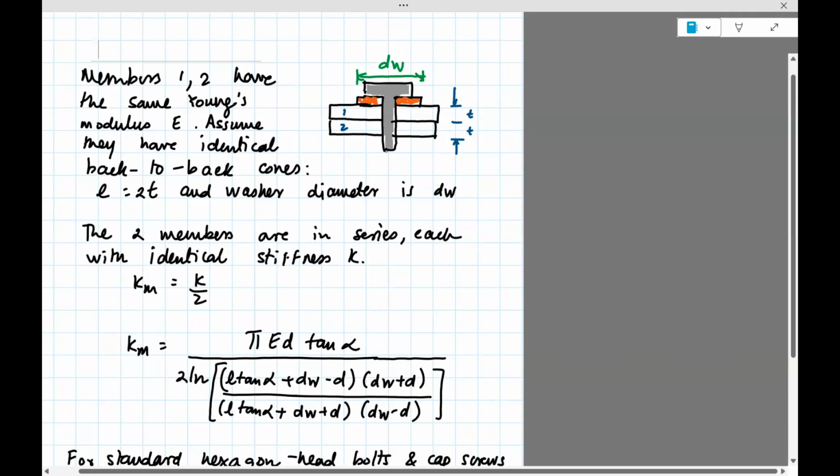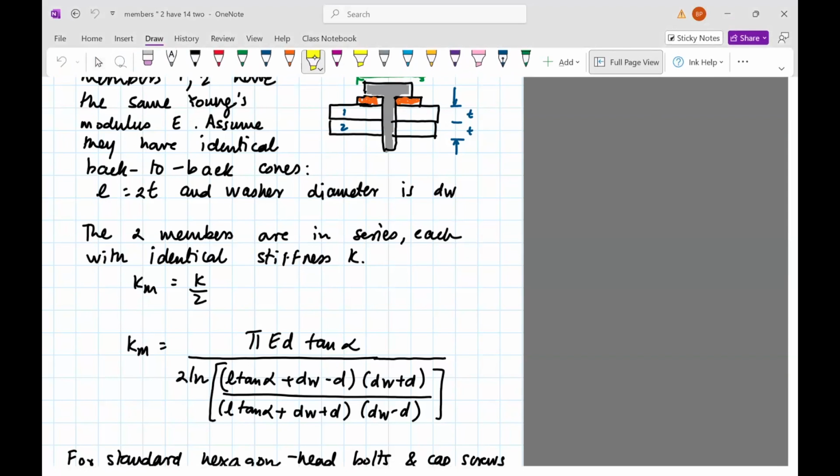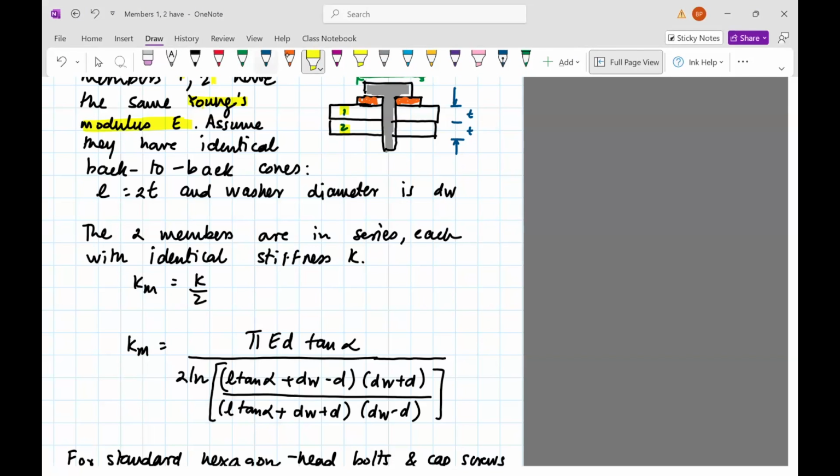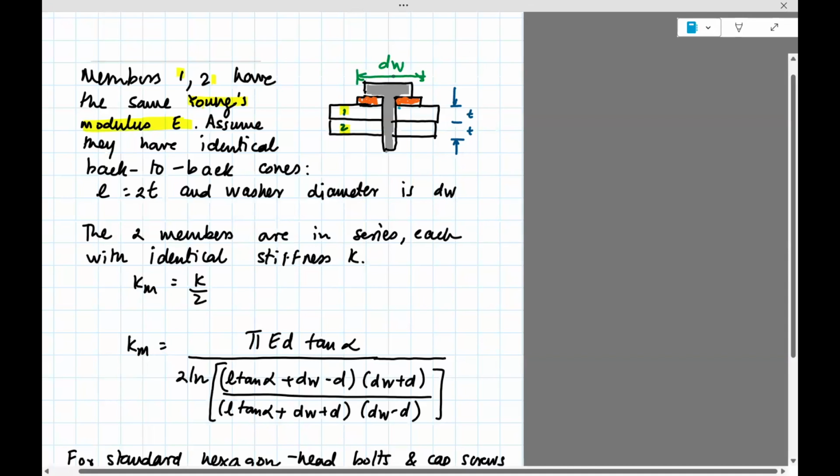These are just special cases of that formula. So let's read through. This will just make your life easy when you're doing the calculations. So let's assume that members 1 and 2, drawn here, have the same Young's modulus E. So they are made of the same material. They also have the same back-to-back cones, which means that the cone I was talking about is something like this.